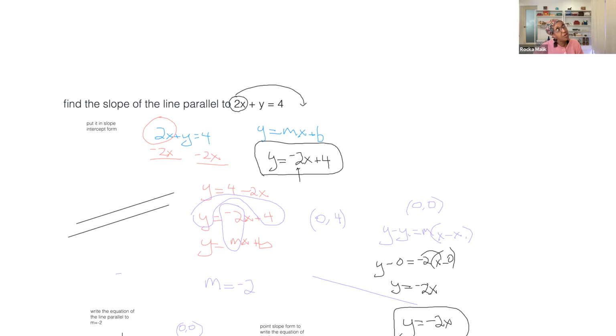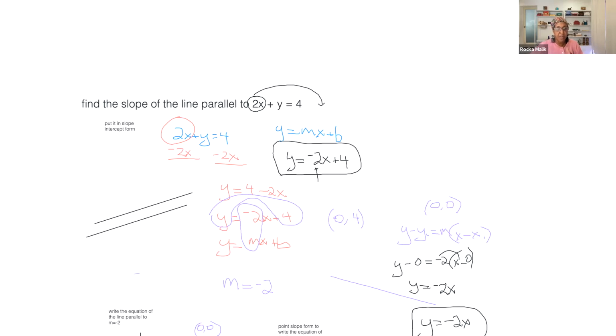The slope, in the y equals mx plus b form, is always attached to the x. That's why we like this form, because I can look and say, bam, whatever else is going on over here, that's my slope, -2. And then this will always be my intercept.